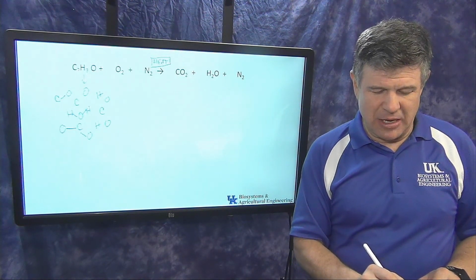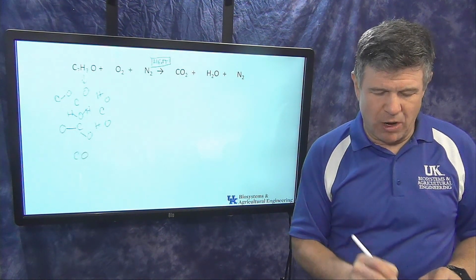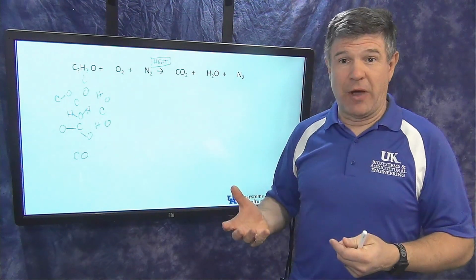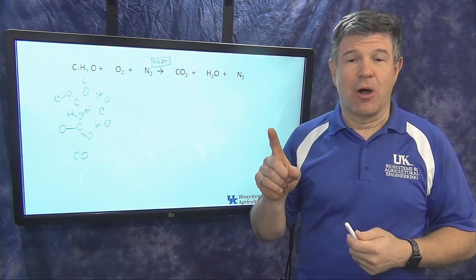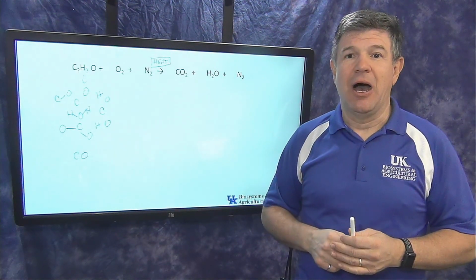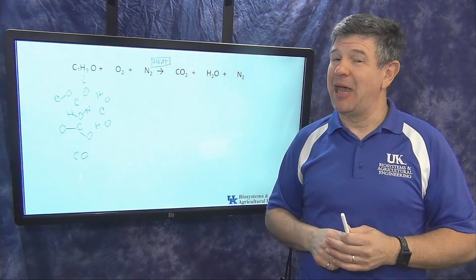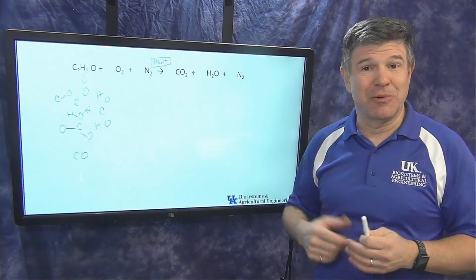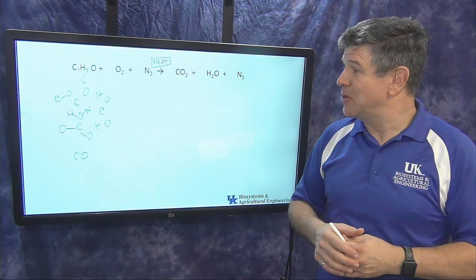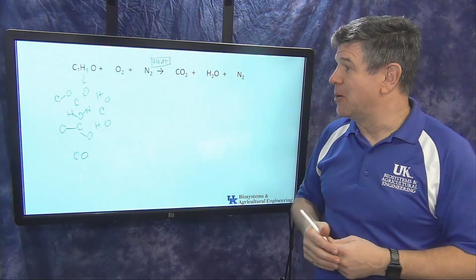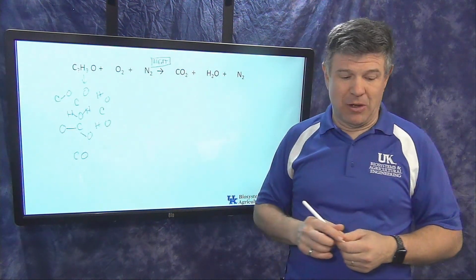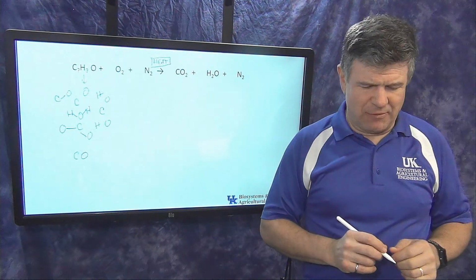But what I might get is C with one oxygen, because it couldn't find another oxygen to combine with. What is CO? That's carbon monoxide. That's one of our bad gases that we get out of an engine that we really would like to get rid of, right? So that's what happens. There's not enough oxygen there. The carbon couldn't find something to combine with, and that doesn't work out very well.